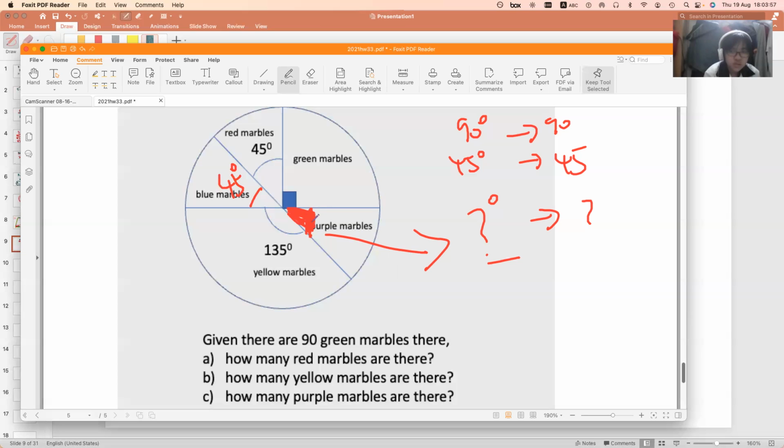46. You sure or not? I keep asking you the question again and again. That means something is not right. 45. Yes, the answer is 45. So therefore, 45 degree, 45 purple.